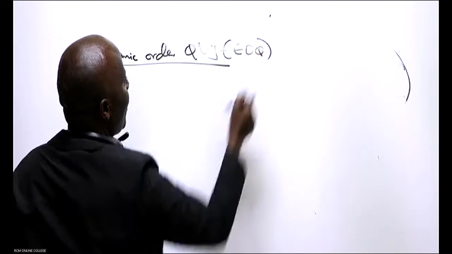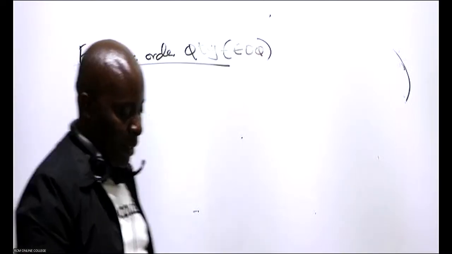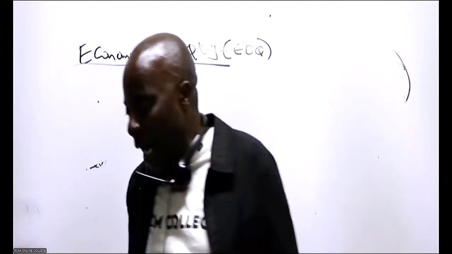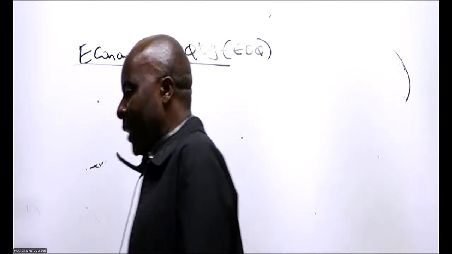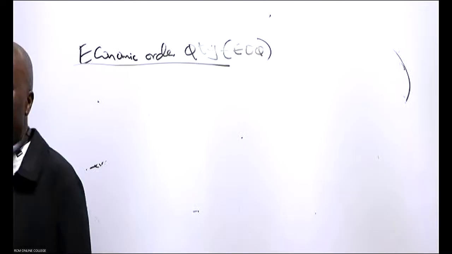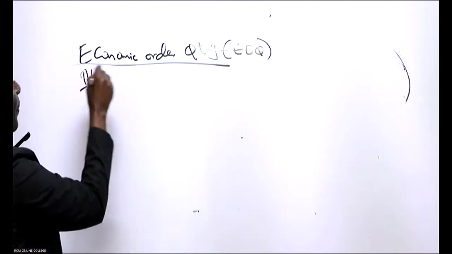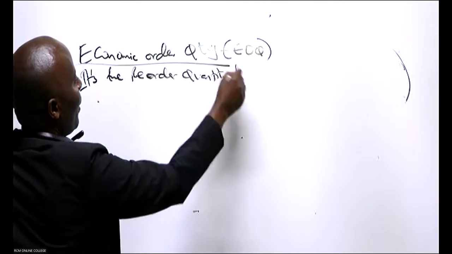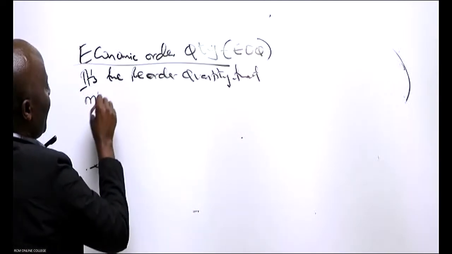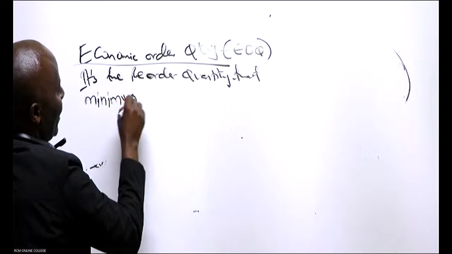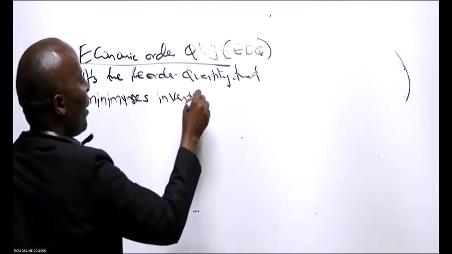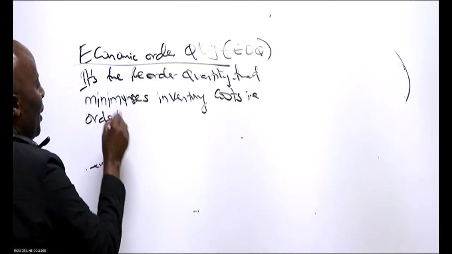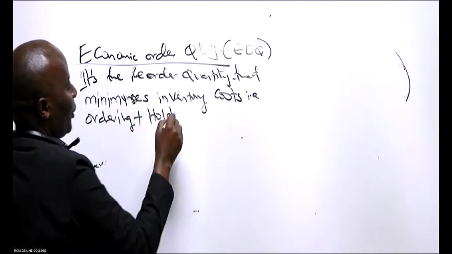We have just said right now that economic order quantity is that reorder quantity which minimizes inventory costs, i.e. ordering plus holding costs.